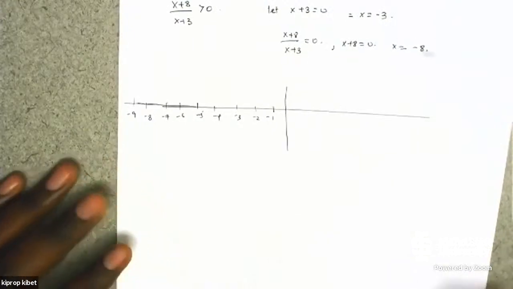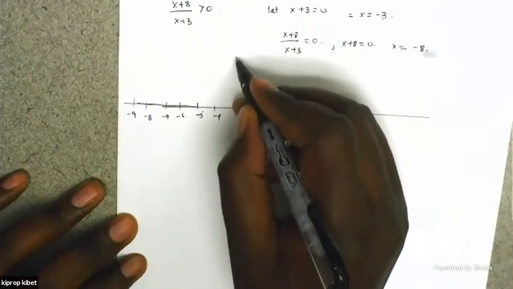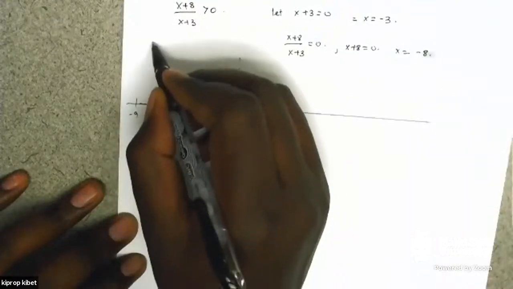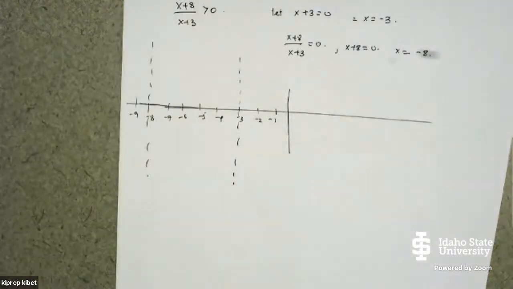Okay, so we have negative 3, so it is that region there. And then we have negative 8. So now, since this one is greater than, without even solving this thing, you can actually get the interval notation so easily. So what you do, you only test.